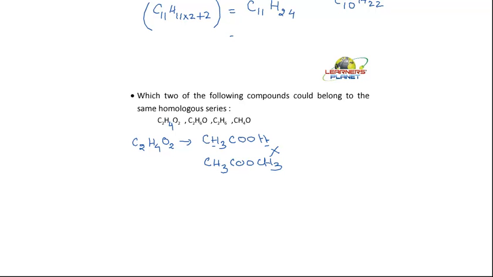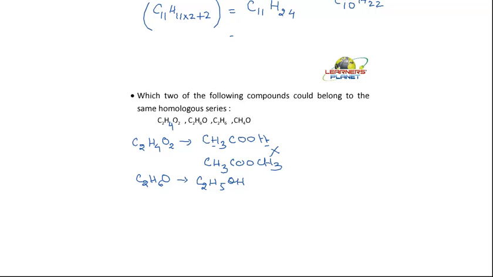Now our next compound is C2H6O. There is a single oxygen atom. Now students, it can be an alcohol or an aldehyde or a ketone. So let's start writing it. It could be C2H5OH.